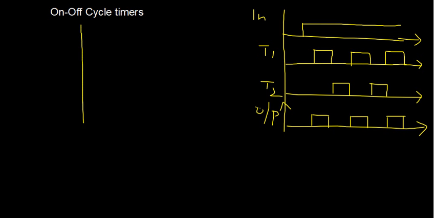So now let us say that I have got an input signal, something like this, and please look here, after having drawn the input, I will have to activate the first timer. Let me call this I, input.